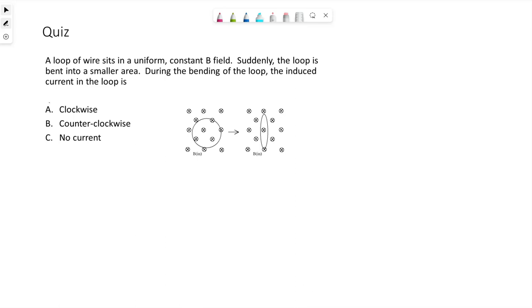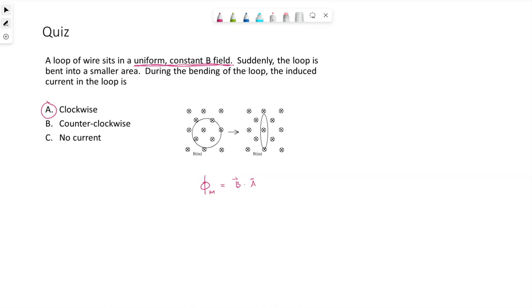The correct answer here is A. Now, this field is constant, uniform. So the flux is not changing because of a changing magnetic field. It's changing because the area is changing. Magnetic flux, B dotted with A. Since the area is changing with time, the flux is changing with time.